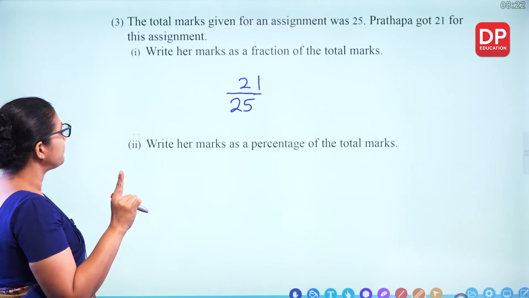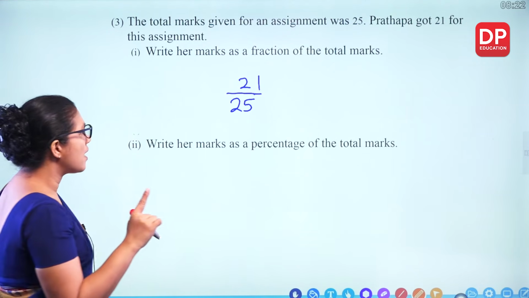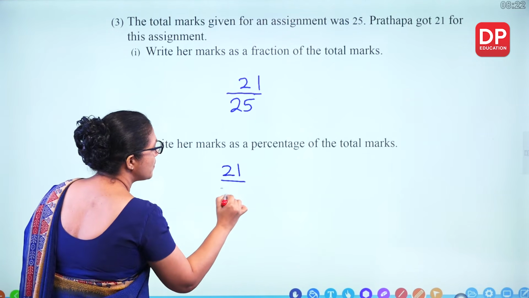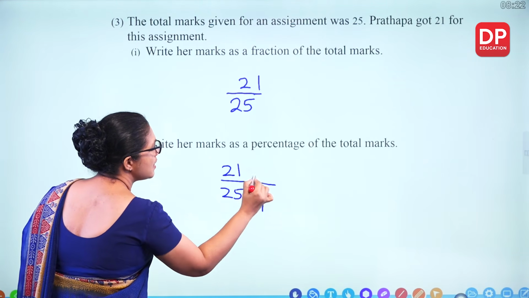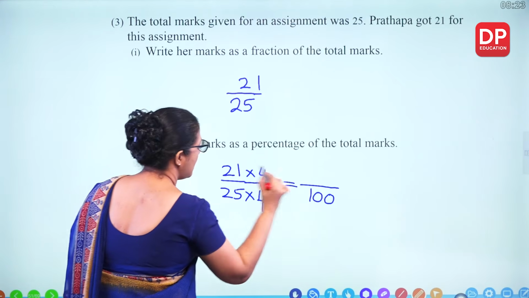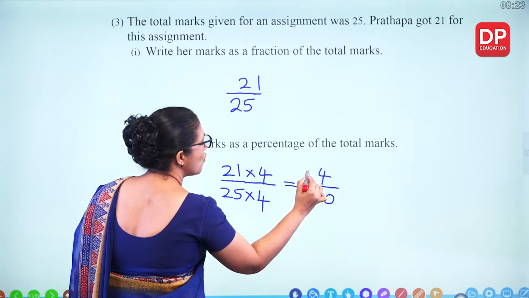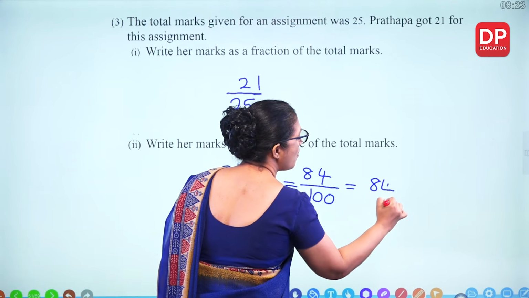That's a fraction. Write her marks as a percentage of the total marks. How do you convert to percentage? Convert the denominator to 100. Multiply by 4. You get 100 here. 4 times 1, 4. 4 times 2, 8. So this means 84%.